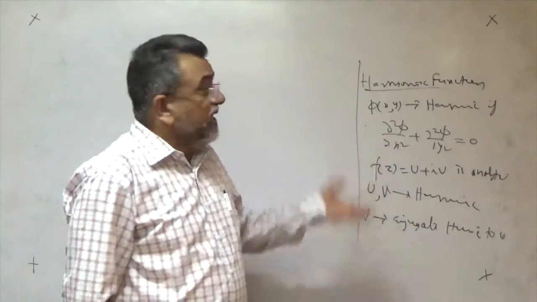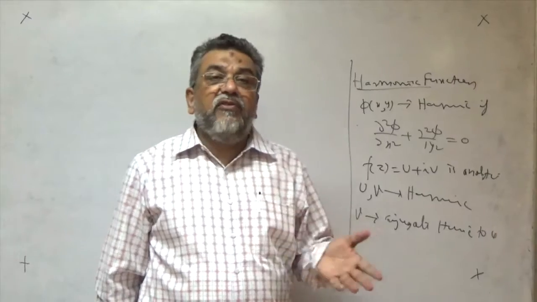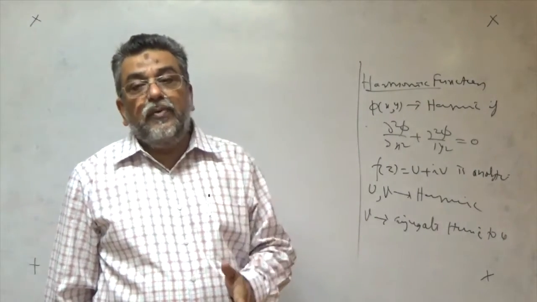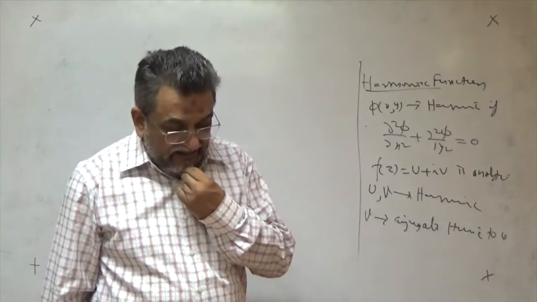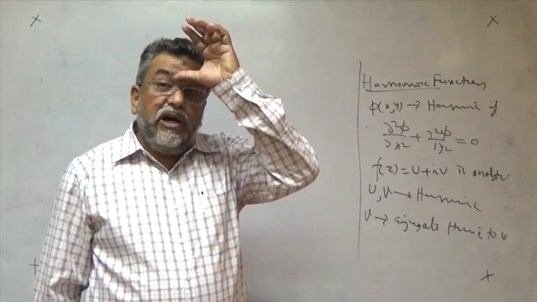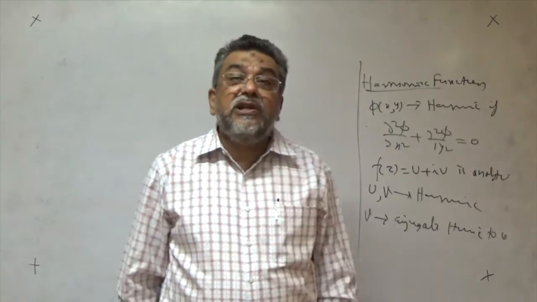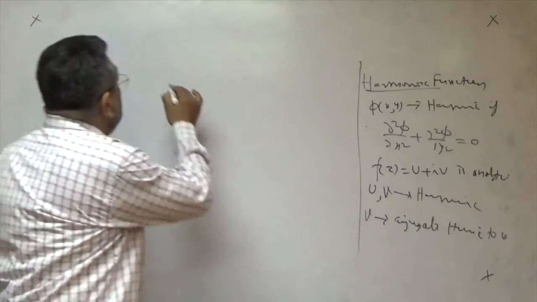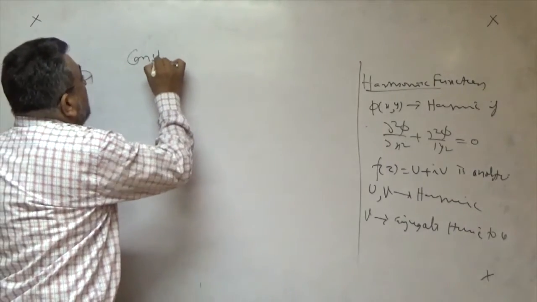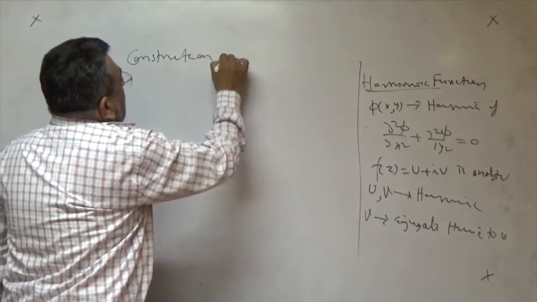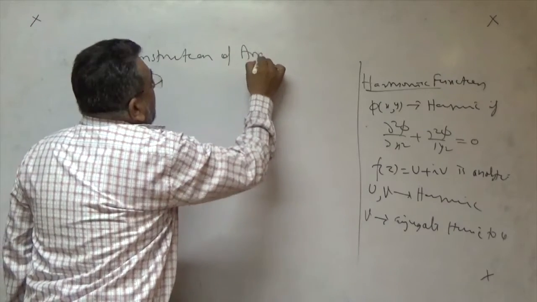Right? First I told you this, and then I took up some numerical examples, sums, in which we see how you can check whether any given function is harmonic or not, in the last lecture. And also in the last lecture I just introduced one thing, construction of analytic function.